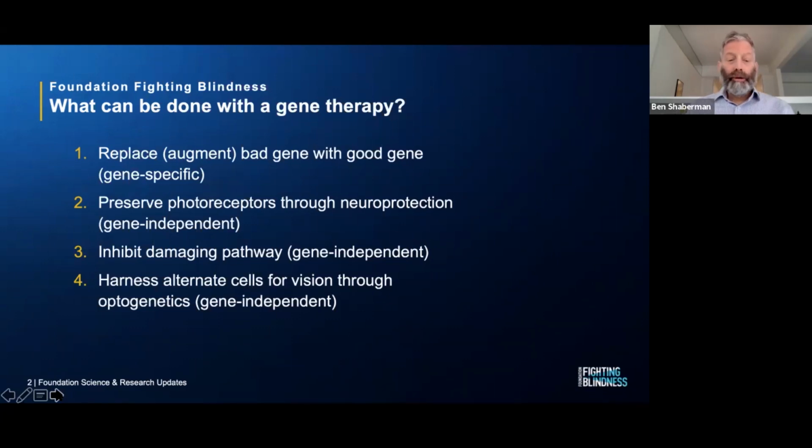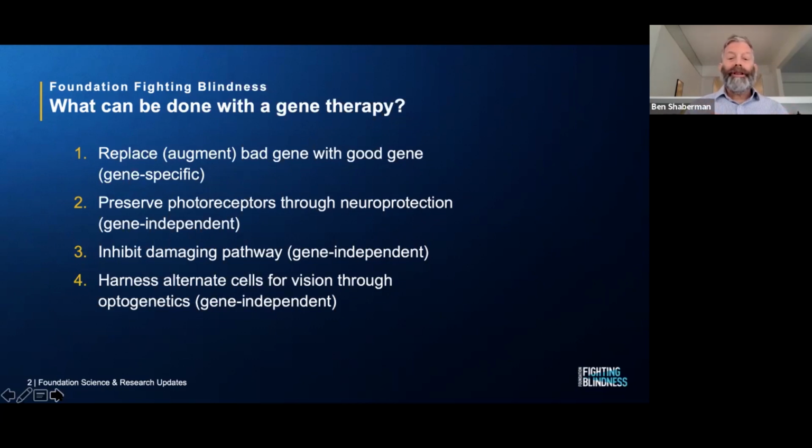The third approach that we'll talk about is designed to inhibit what I call a damaging pathway. So retinal degenerations such as AMD lead to cell loss for underlying causes, let's say the buildup of drusen or the buildup of leaky blood vessels, for instance, in AMD.